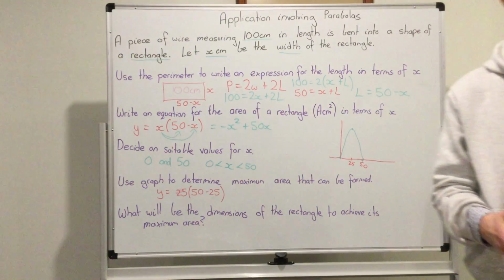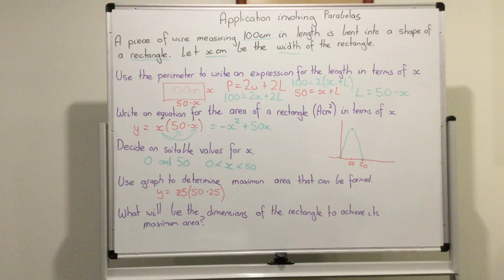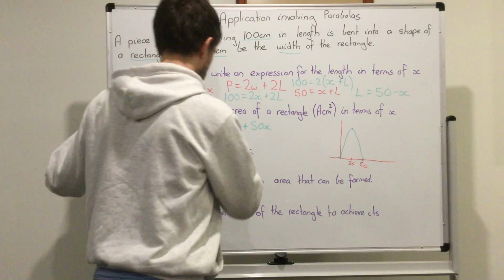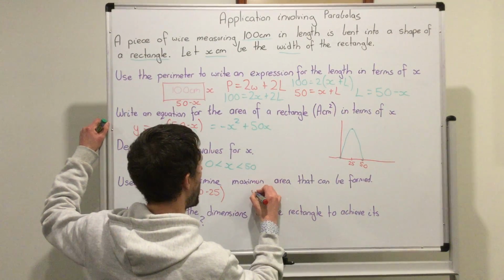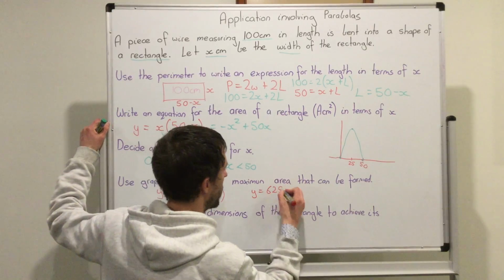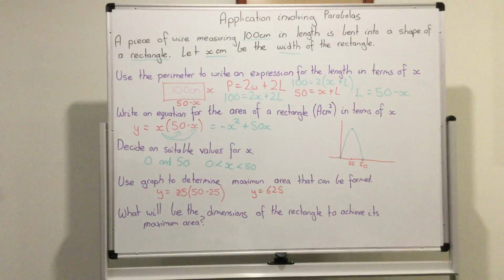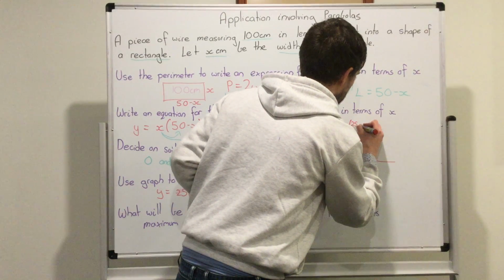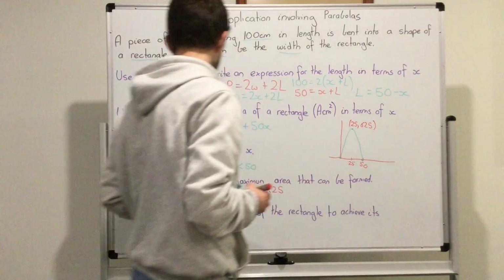I'm just going to get my calculator out. 25 times 25 equals 625. So y equals 625. So that means here I have, when x is 25, y is 625.